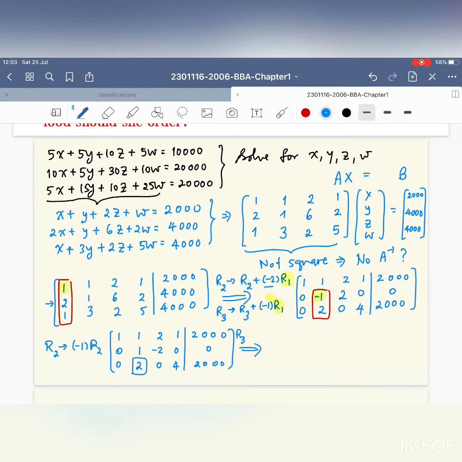So it is only your R3. So it is your R3 plus negative 2 R2, okay? Here you change the concentration to your R2, and because this one is a 2, you need the opposite number, okay? So let us squeeze it here. So here is your first row unchanged. Your second row, of course, will be unchanged as well.